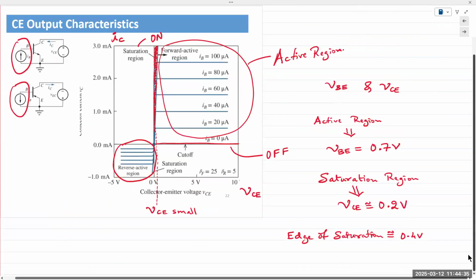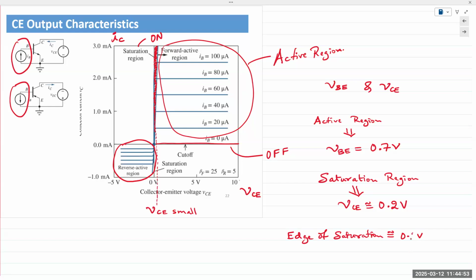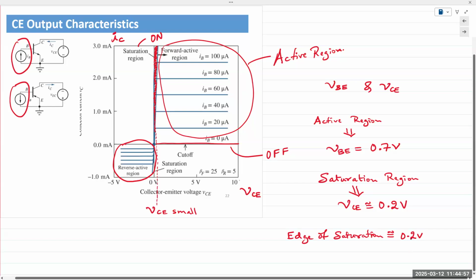And then you should be familiar with the output characteristics, the regions in the characteristics, VBE, VCE, edge of saturation. Oh, edge of saturation, that should be 0.2 or less.